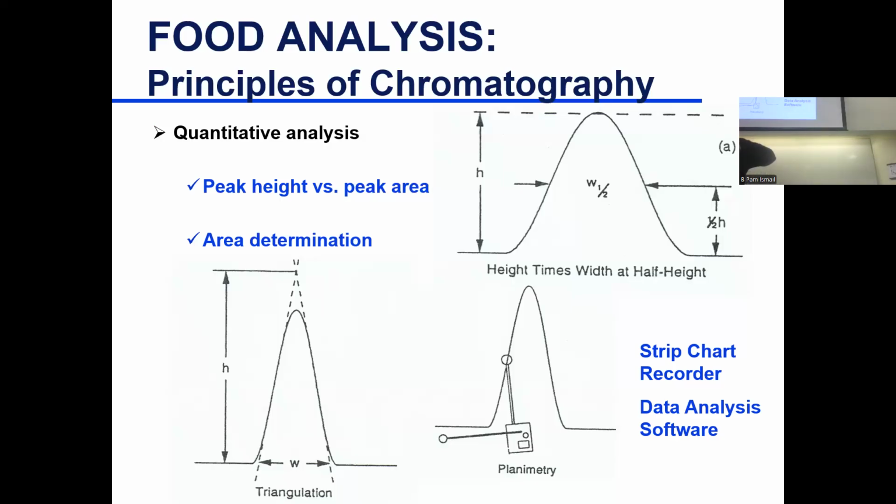The concentration is not spreading. You don't lose sensitivity because it stays concentrated and you get a really sharp peak. So you enhance the sensitivity of detection. But if it's present in good enough concentration, it doesn't matter. But in both cases, we look at the area.